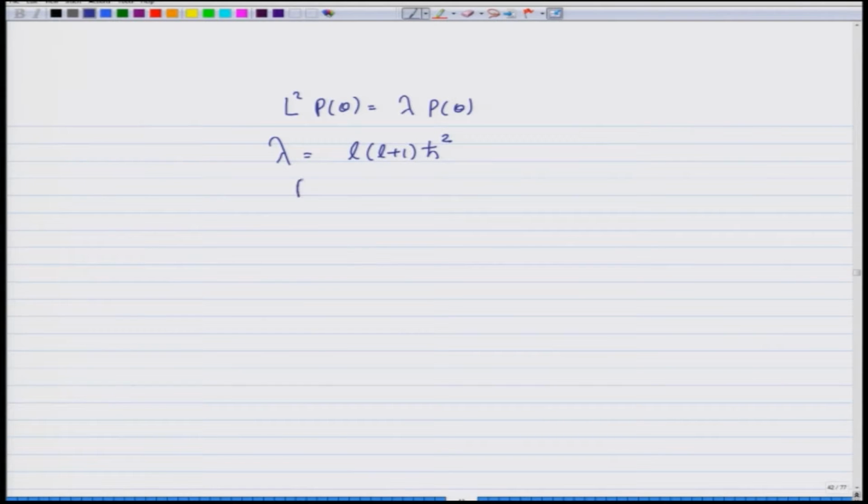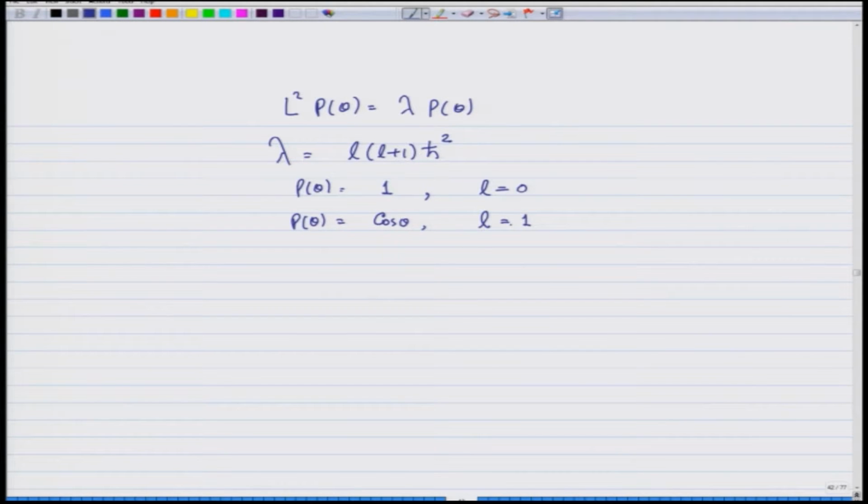Now, the P functions are different for different l. One of the functions is P of theta equals 1, corresponding l will be 0. P of theta equals cosine of theta, corresponding l is 1.